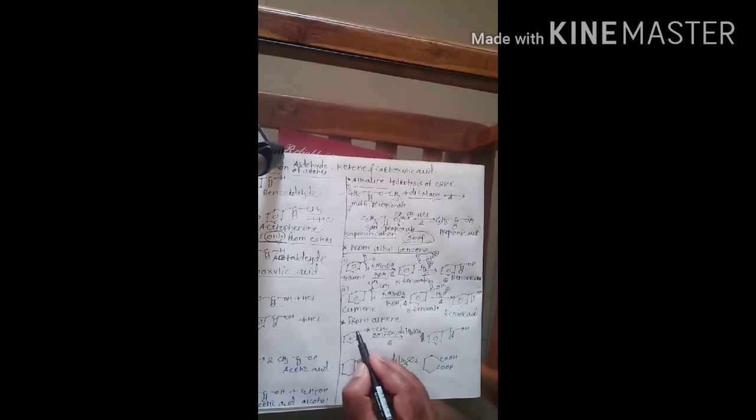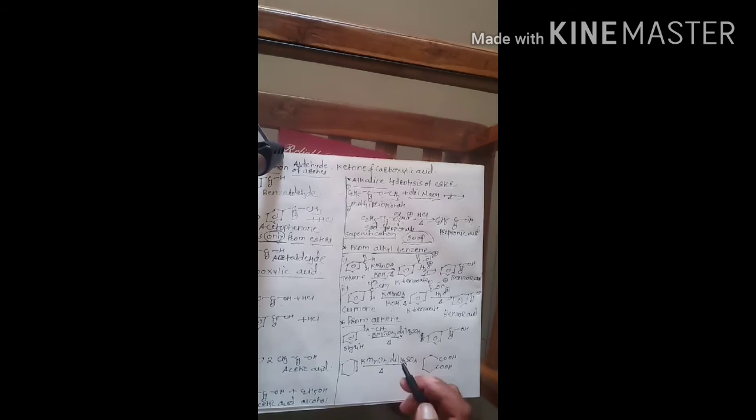Then next is from alkene. This is styrene, or we can write 1-phenylethene. So when this 1-phenylethene is treated with acidic KMnO4, that is KMnO4 in presence of dilute H2SO4, it gives benzoic acid.